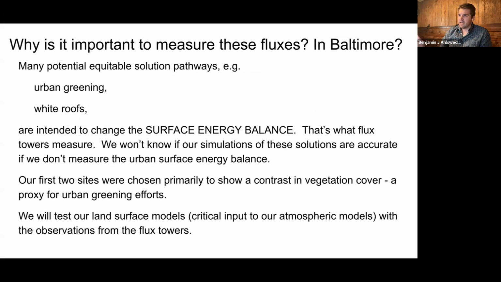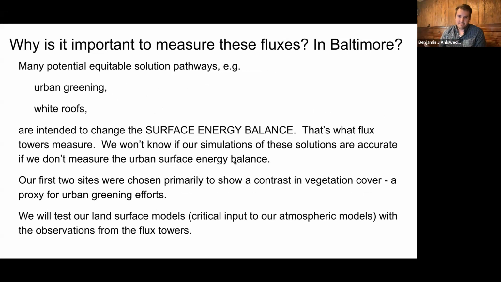We're going to train the models using the flux tower observations, but we can also, just through our observations, evaluate some solution pathways, such as what happens if we green up the space, if we plant more trees, or what happens if we paint everybody's roof white. Those two processes basically just change the surface energy balance at the surface.